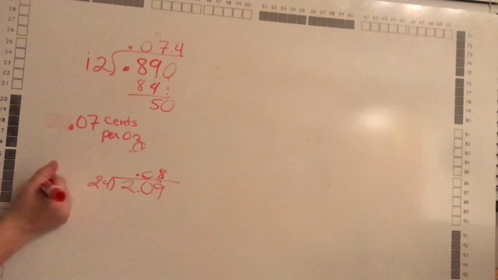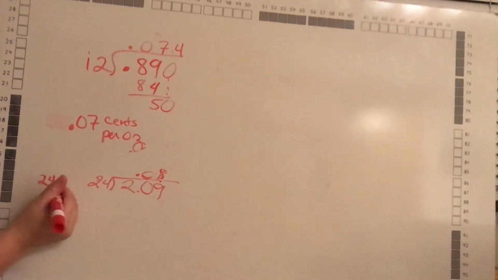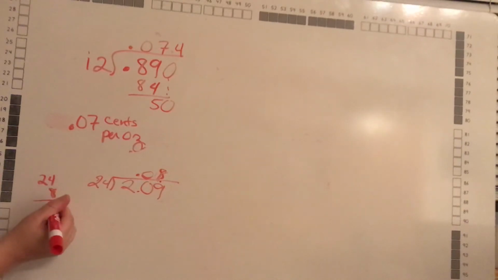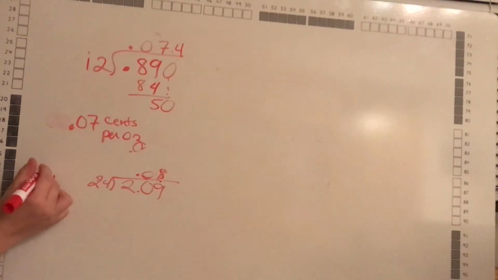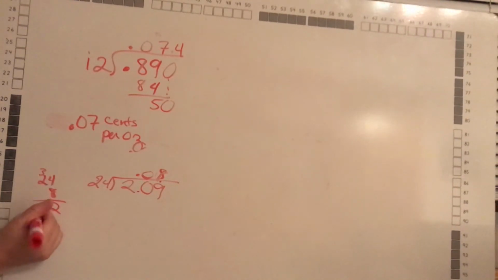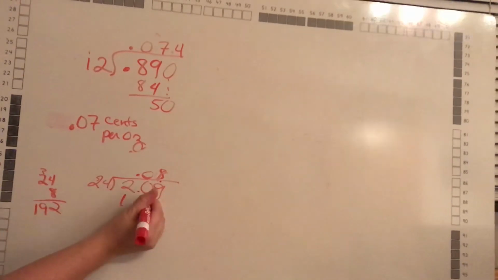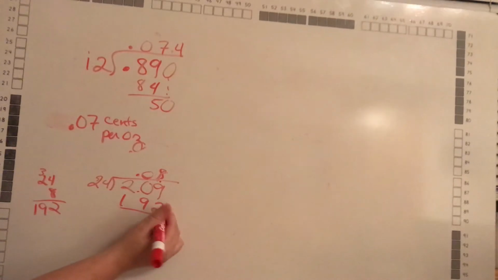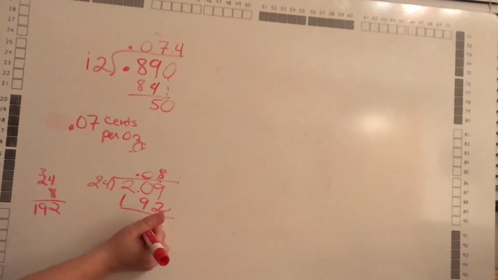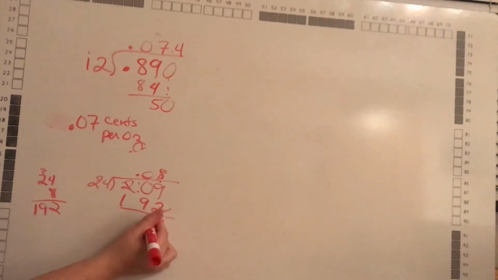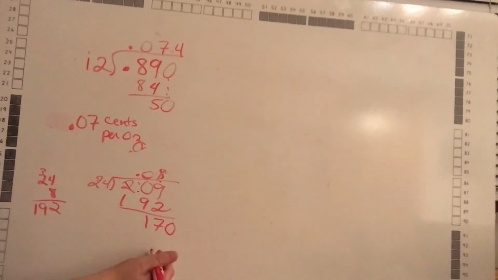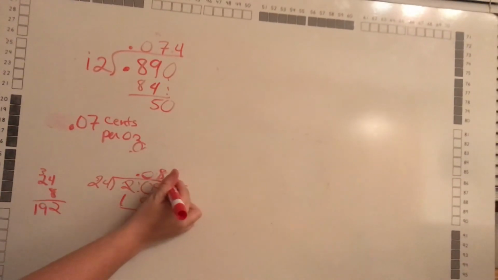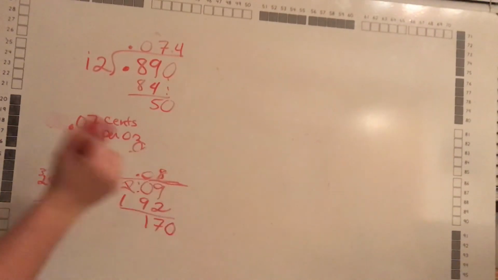So 24 times 8. So 4 times 8 is 32. 16 and 3, 19. So 1, 9, 2. And that gives us a 7, 1, bring down your 0. Yep, it's going to round up to 0.9.